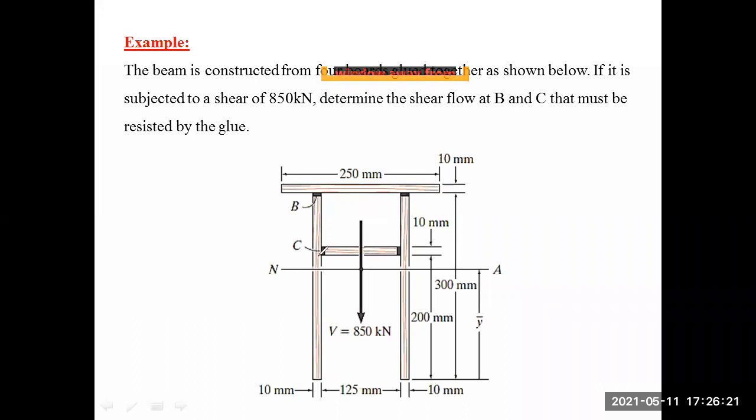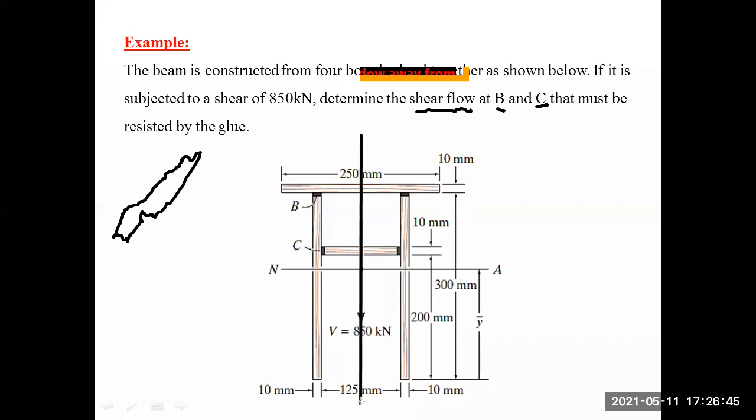Which point is left? C. Now for point C, the same thing. I bring my knife. I need my knife all the time to get this procedure done. What is being asked is to determine the shear flow at B, and I did it for B. Now for C, I need to place my mirror again, exactly here, so I have an identical shape on both sides.